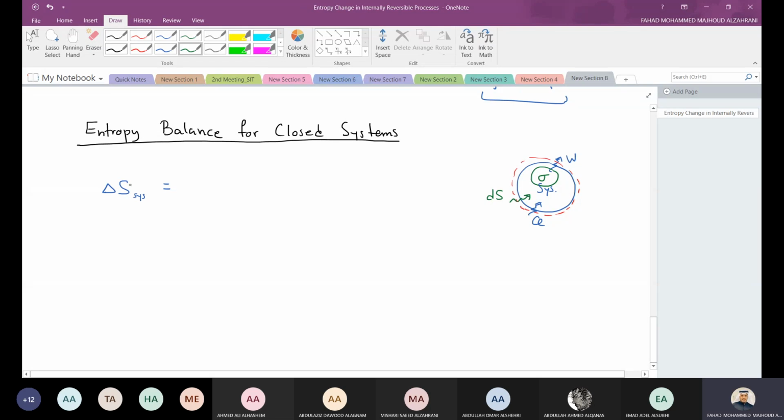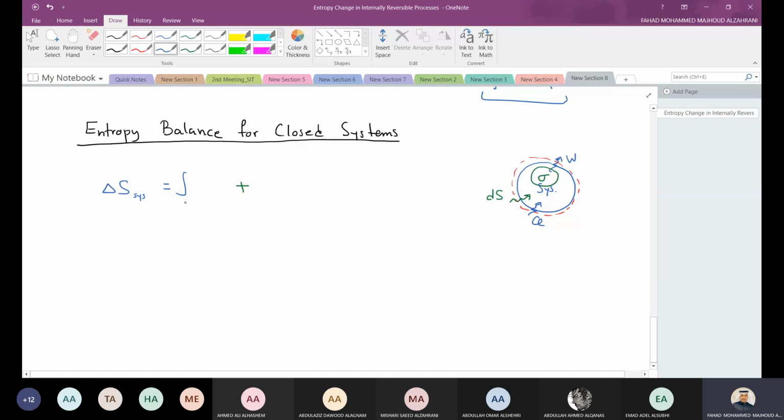The total entropy change within the system equals, guys, what is the entropy transfer? We said entropy transfer is related to, what? It accompanies heat transfer. So what is the definition we write here? We write something plus something: one for the transfer across the boundary and one for the internal generation. The transfer across the boundary is what?